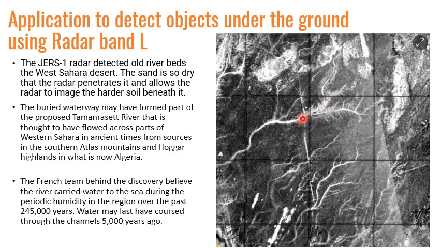So this is a very good example of penetration under a layer of soil or sand. This example is sand in Sahara because it's a very dry area. It's a very good example for detecting something beneath the desert.